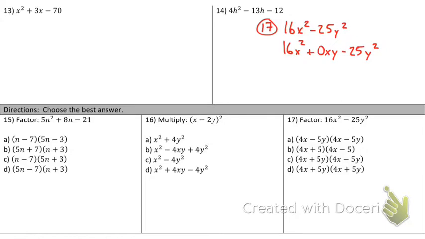So now what we want to do is understand this is my A, my B, and my C. Okay? So because of that, we're going to do snowflake method because our A value is not 1, it's actually 16. Take out your trusty calculators and multiply 16 times negative 25.